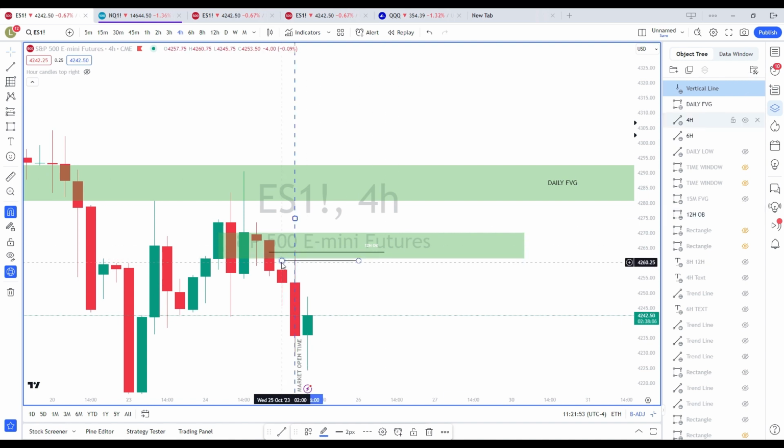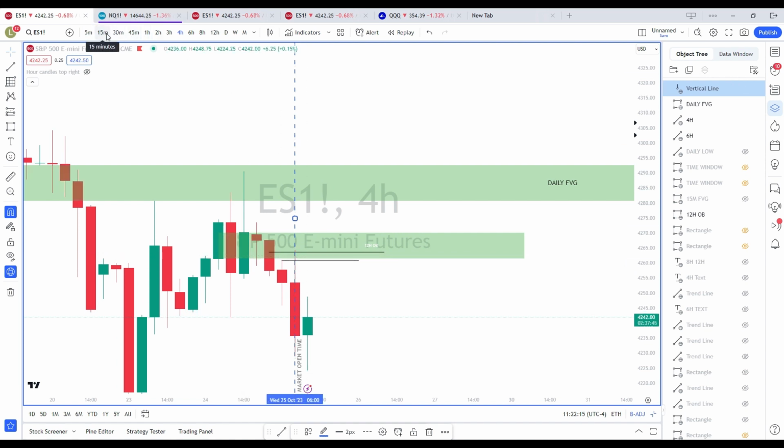This is my last red candle's 4-hour high, right? I understood that we may go here, but I didn't want to be biased on that. So now we have set the bias that I wanted to be short, and I'm looking for any chance where the manipulation can happen here, right?